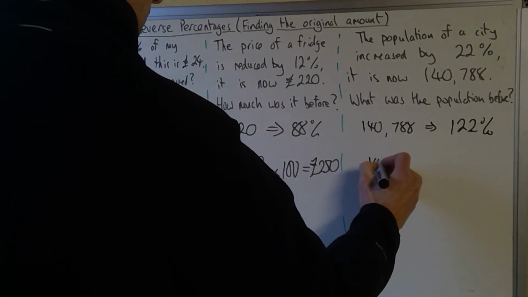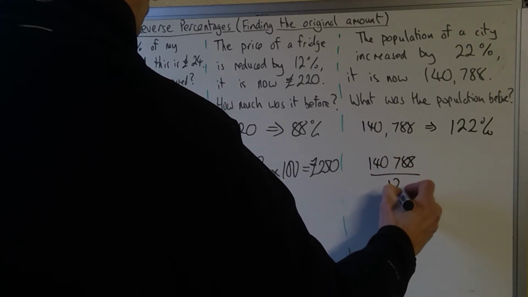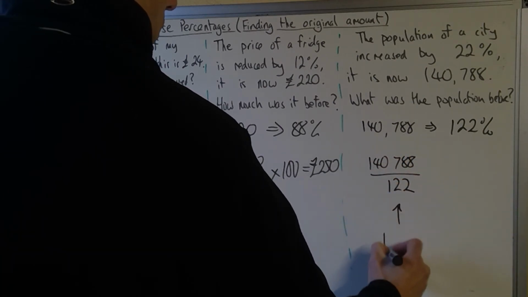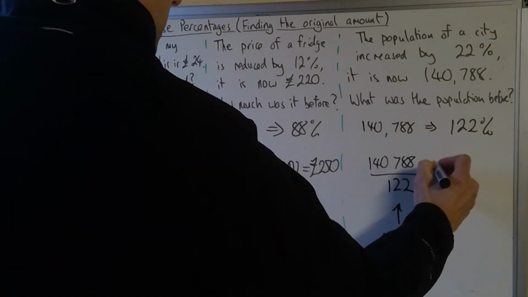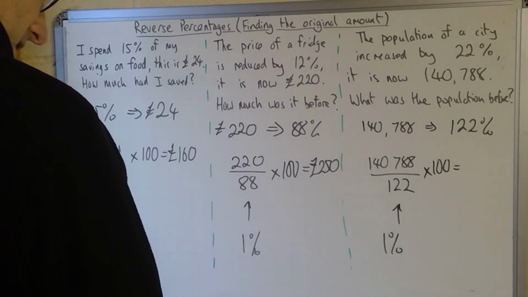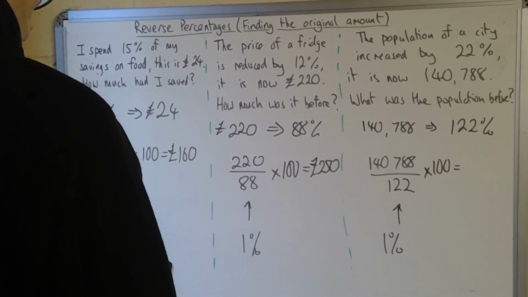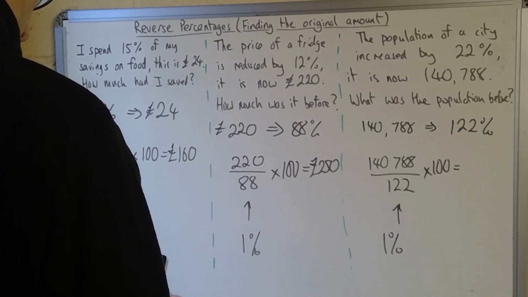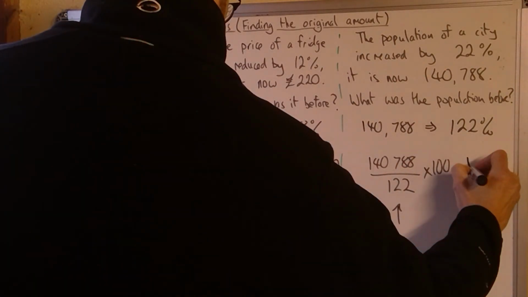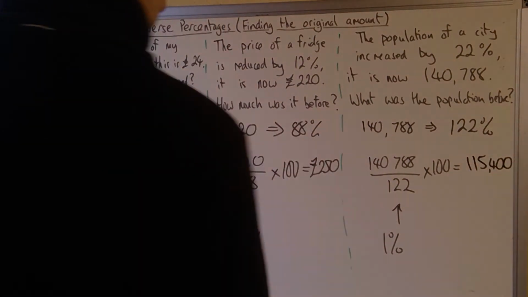So if I take this 140,788, divide it by 122, once again that will find me 1%, and then multiply it up by 100 to find the 100%, the original amount. I can do that on my calculator. 140,788 divided by 122, multiply the result by 100, and I get 115,400.